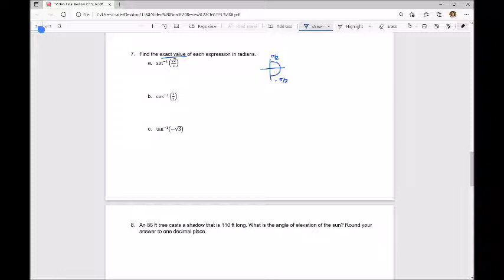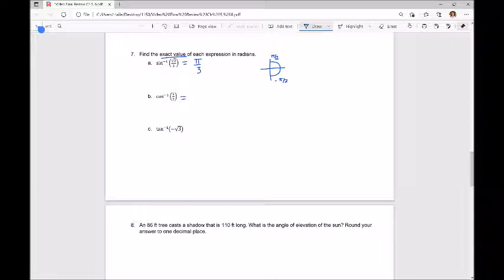So we need an angle between negative pi over 2 and pi over 2 that has a sine of root 3 over 2. Because the sine is positive, it should occur in quadrant 1. So we need a quadrant 1 angle that has a sine of root 3 over 2. This would be the angle pi over 3.